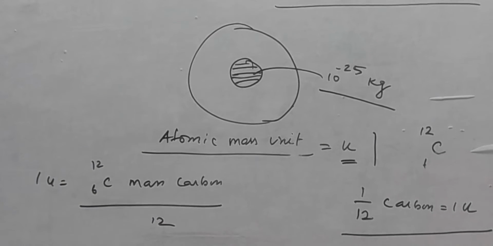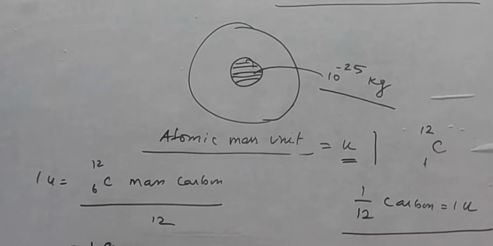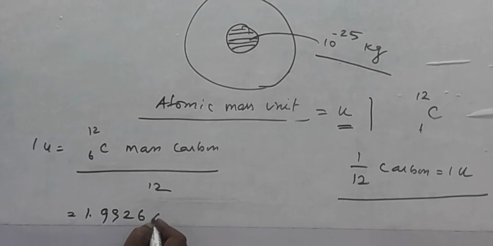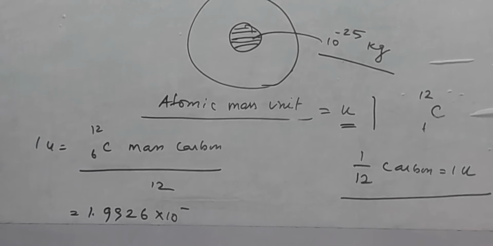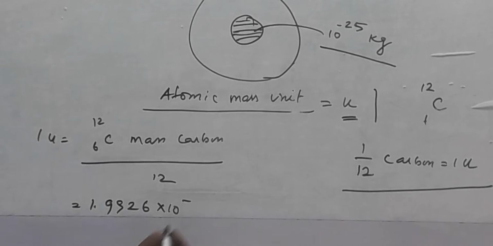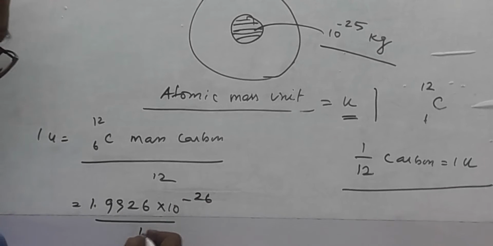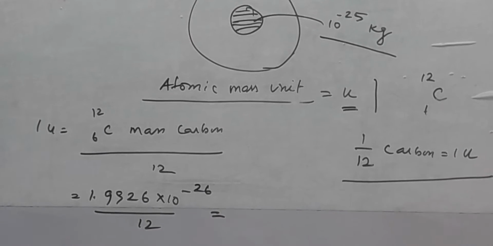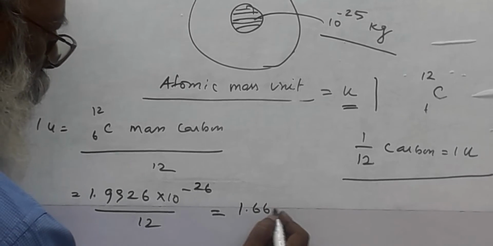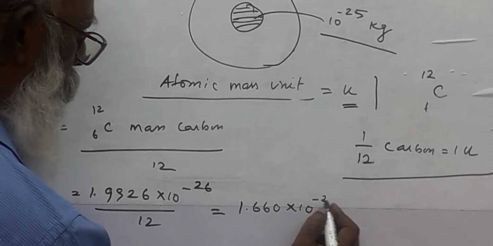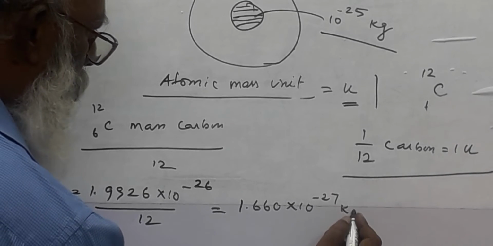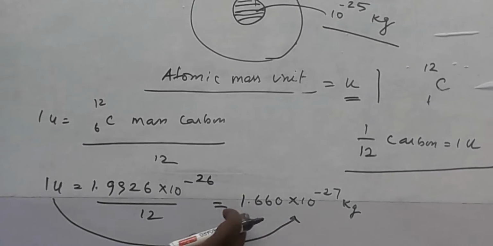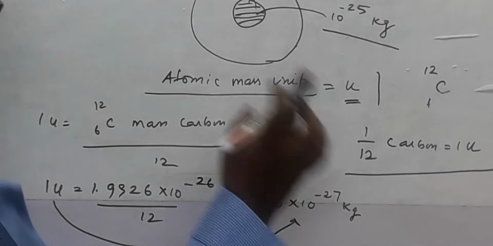This is nothing but 1.926 into 10 power minus 26 kg divided by 12, and this is equal to 1.660 into 10 power minus 27 kg. One atomic mass unit is equal to 1.660 into 10 power minus 27 kilogram.